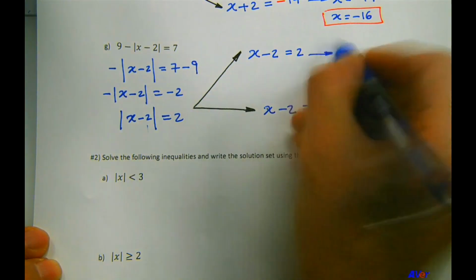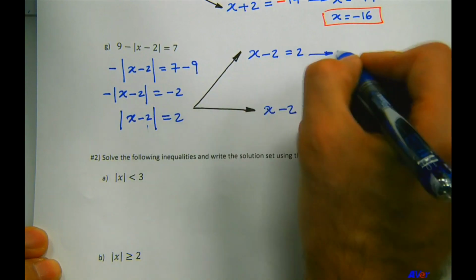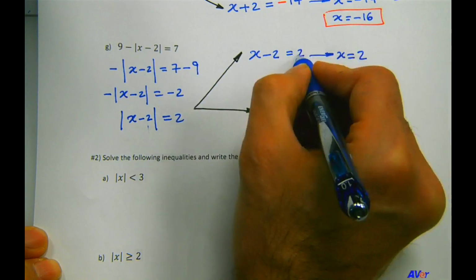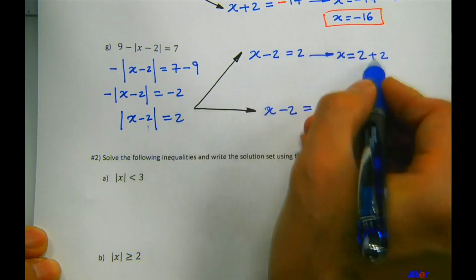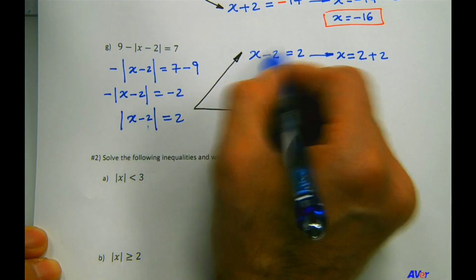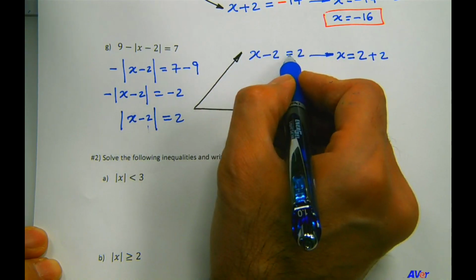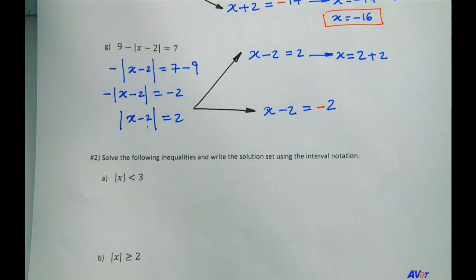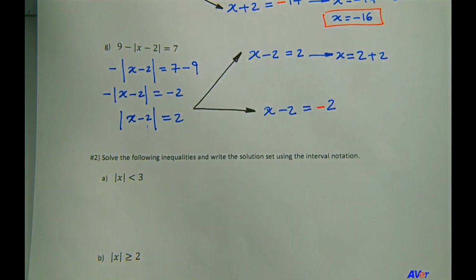All right, so let's solve for x using each path. This one, x minus 2 equals 2, becomes x equals 2 plus 2. This plus 2 is that one. It was minus 2 on the left. When I moved it to the right side of the equality, it changed the algebraic sign, plus 2. It's always like that. You can move things around both sides of the equality or inequality, but you've got to remember to change their algebraic sign. That's all.